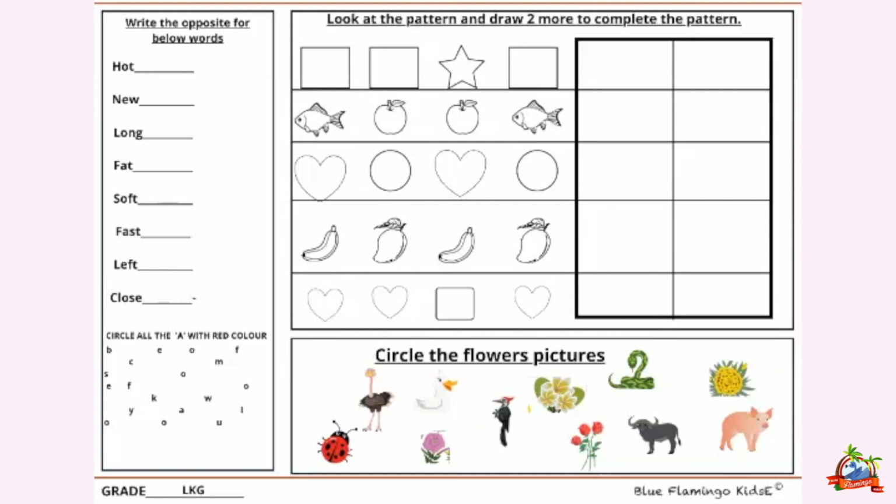And jasmine, J-A-S-M-I-N-E, jasmine. And one more you can learn, pansy, P-A-N-S-Y, pansy. So these were a few names of flowers.